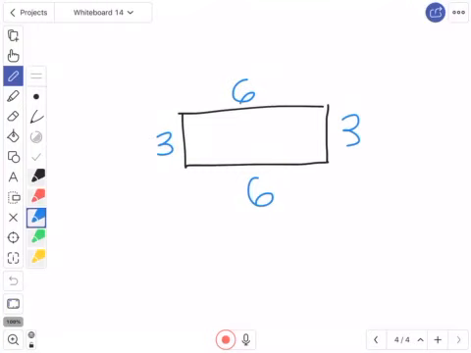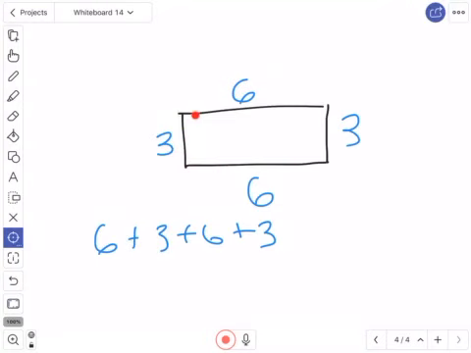The big full long equation for perimeter would look like 6 plus 3 plus 6 plus 3, because I'm adding up all four sides. You can add this up in so many different ways. You could do 6 plus 6 first, and then 3 plus 3, and add those up. Or you could do 6 plus 3 is 9, and 6 plus 3 is 9, so 9 plus 9.